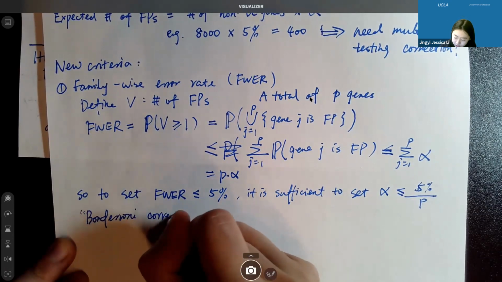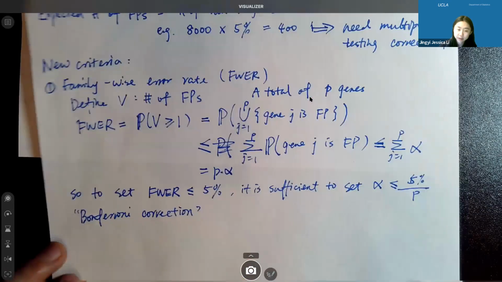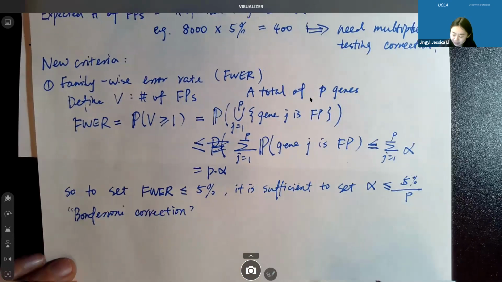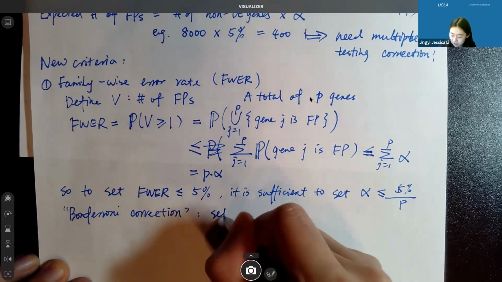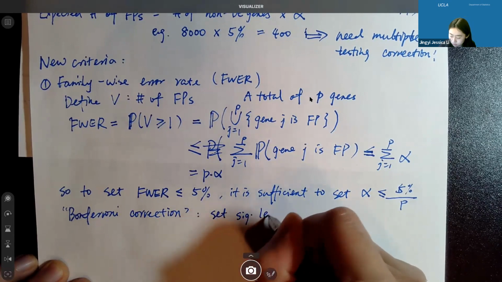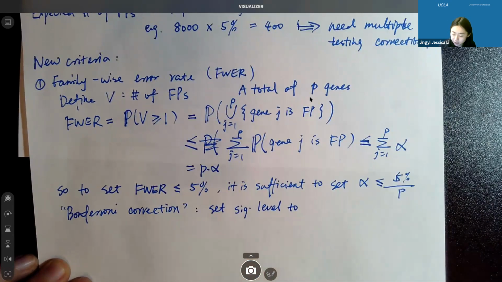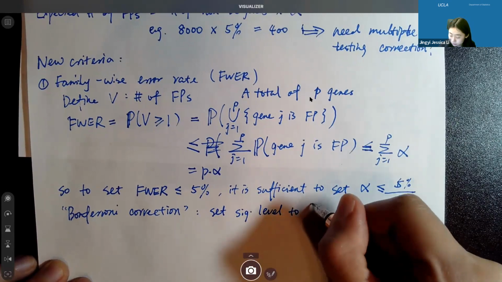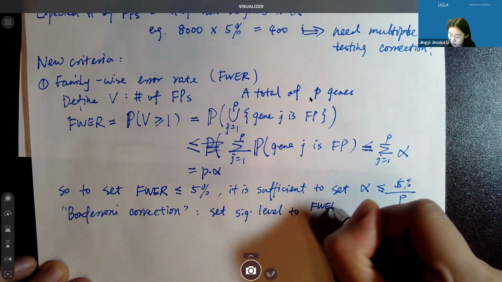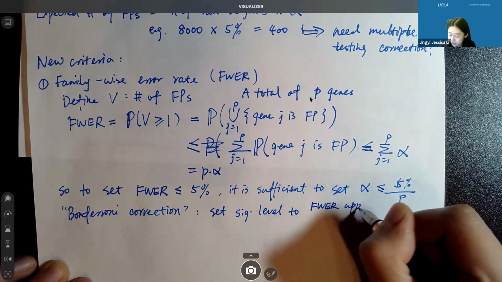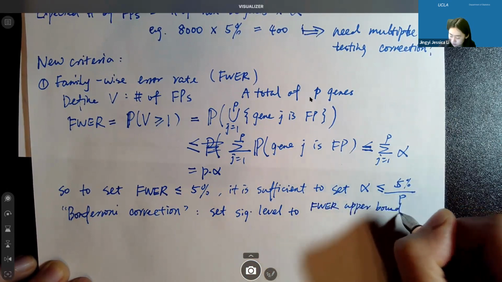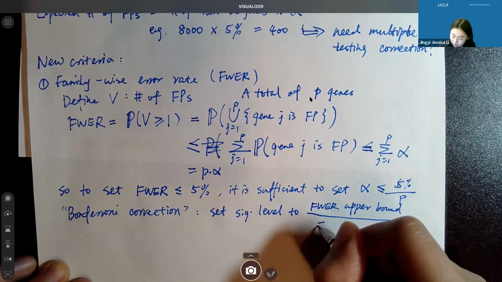So Bonferroni correction is very simple. What it does is to set the significance level to the family-wise error rate upper bound you desire, divided by the number of tests.